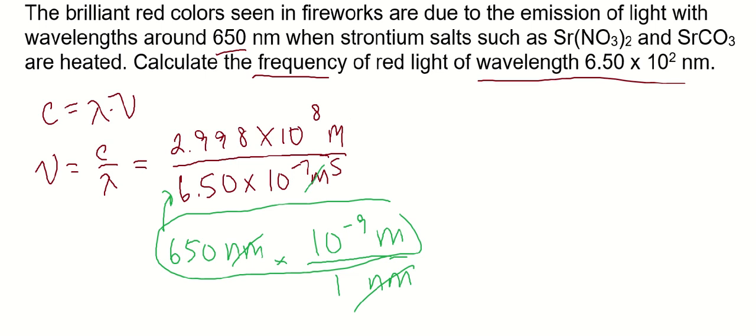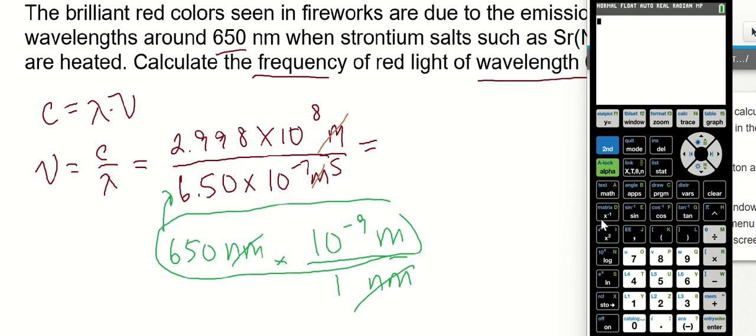Let's cancel out the meters, top and bottom. Let's punch these numbers in our calculator. 2.998 times 10 to the 8 divided by 6.5 times 10 to the negative 7.